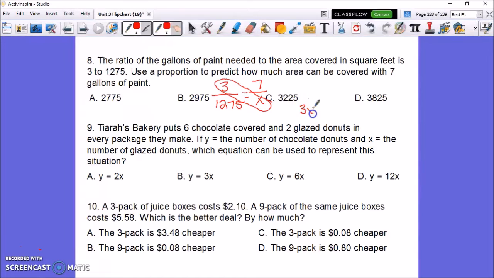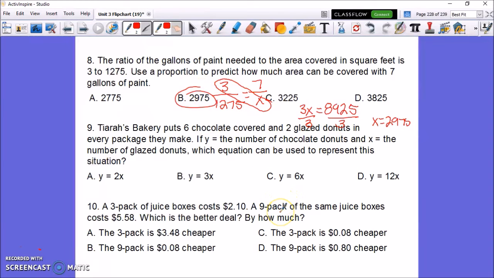And this gives us 3X is equal to 7 times 1,275, which is 8,925. But we're not done yet. We need to get X by itself, so we need to divide by 3. And X is going to be equal to 2,975. So your answer would be B.